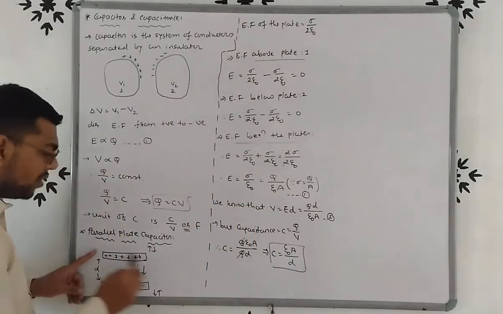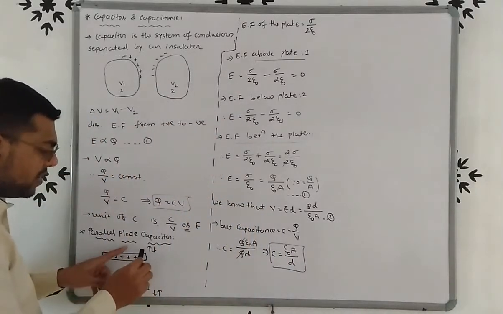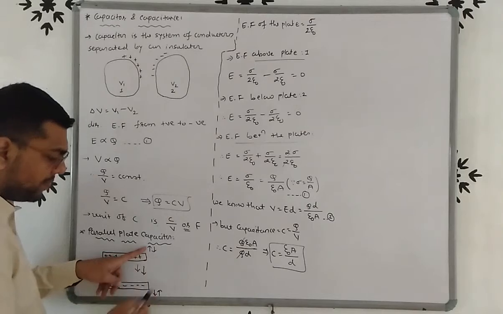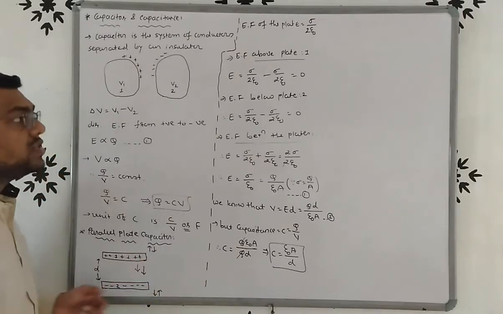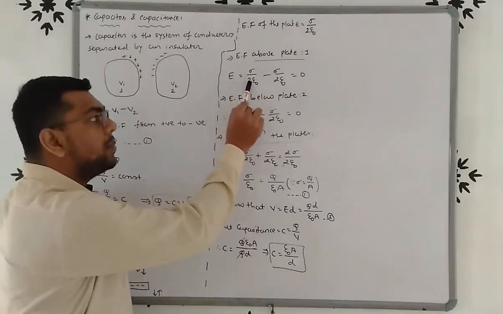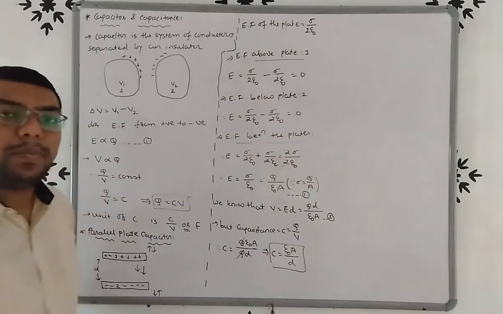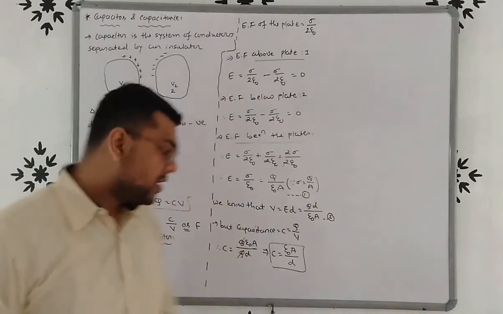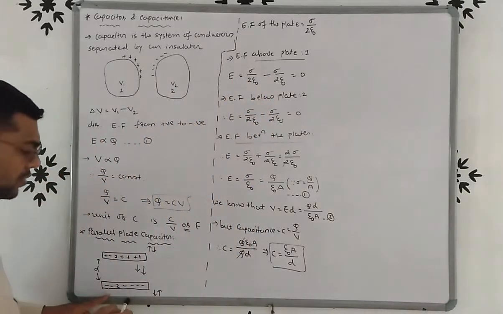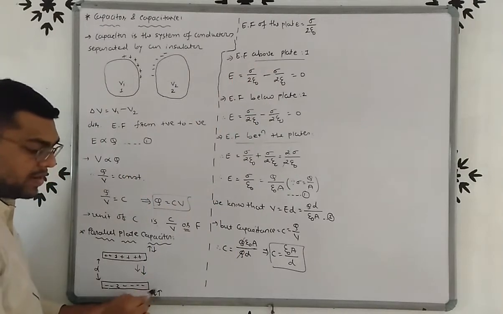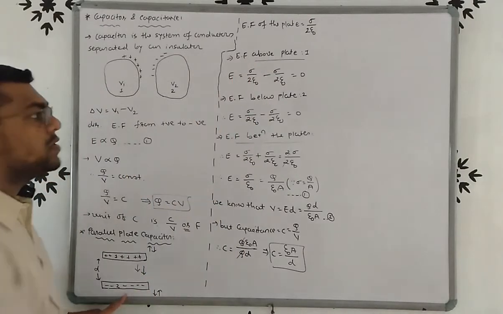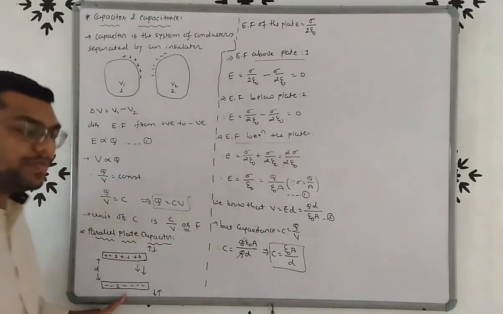So above the plate 1, electric field due to positive charge outward and for negative inward. So here the directions are opposite. So E is equals to sigma upon 2 epsilon 0 minus sigma upon 2 epsilon 0. For below the plate 2, for positive charge direction outward, for negative inward. Once again the directions are opposite, so electric field 0.